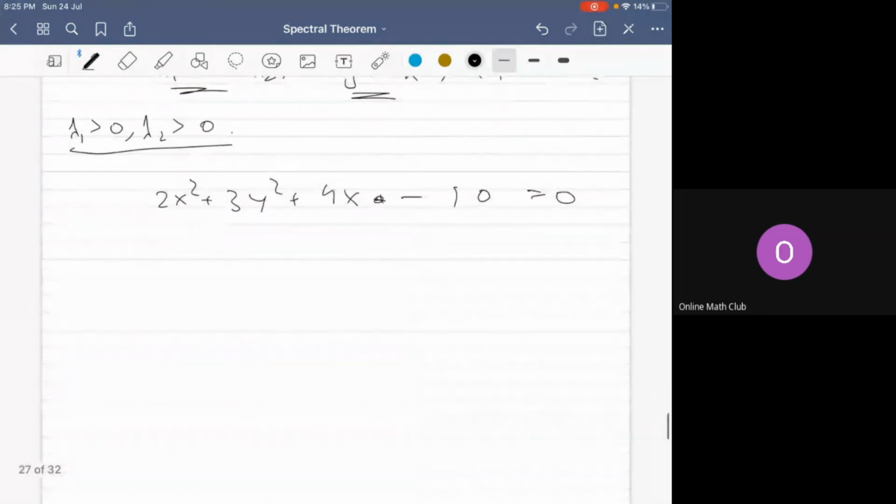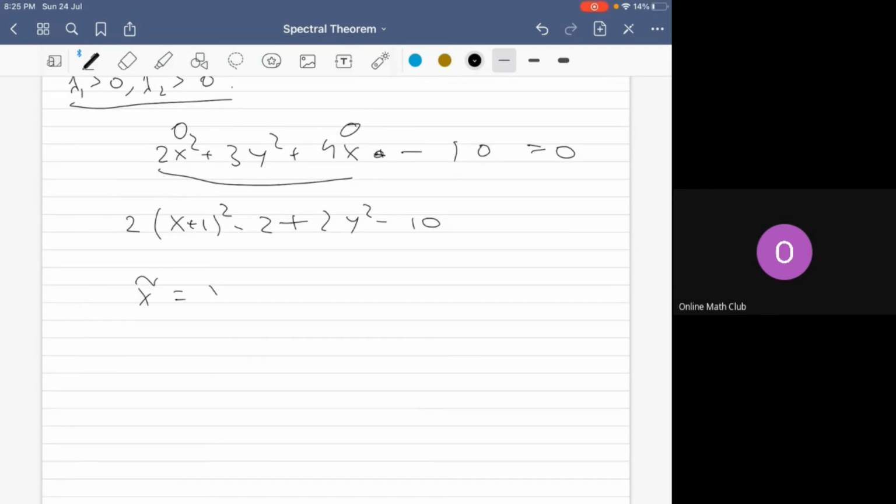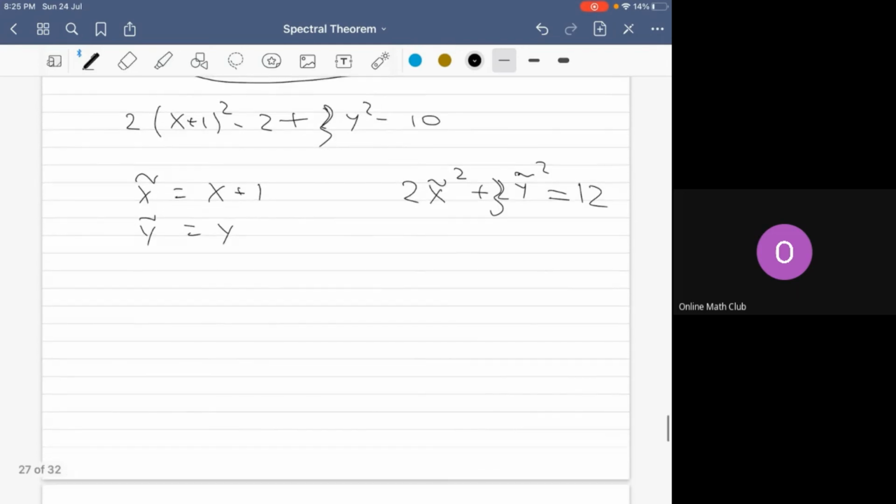And so we can complete the square as in 2 times (X plus 1) whole squared minus 2, plus 3Y squared minus 10. And then if we let X tilde be X plus 1 and Y tilde be Y, then we get the equation something like 2 X tilde squared plus 3Y tilde squared is some constant 12, and we know that this is an ellipse.